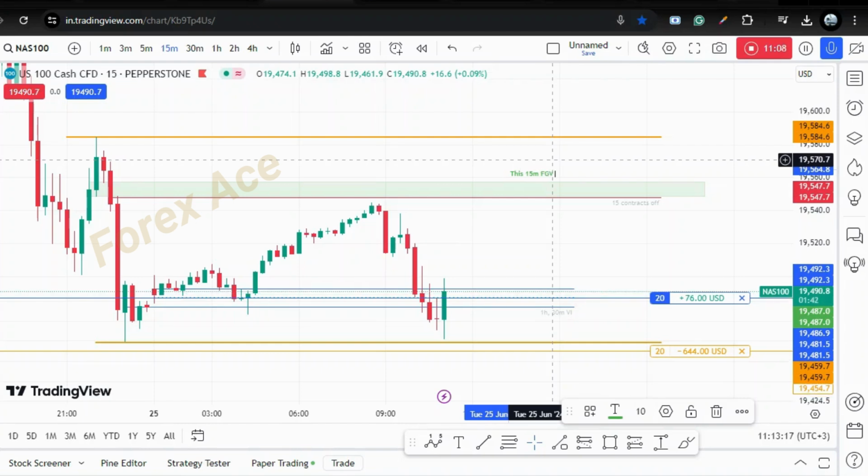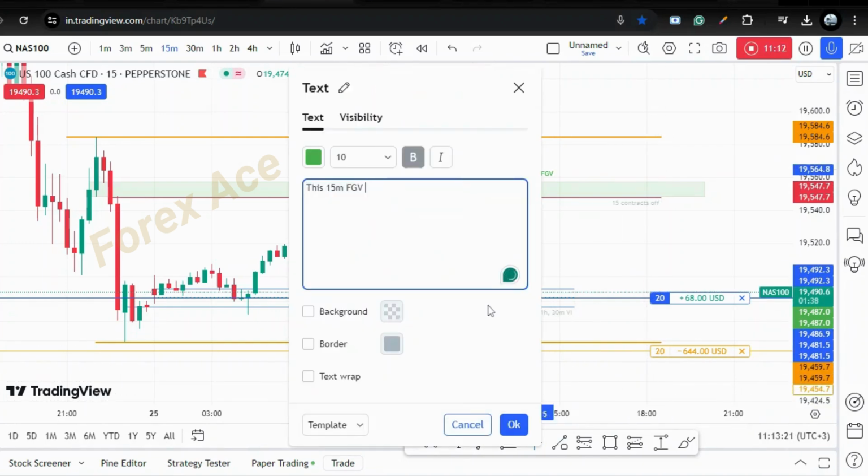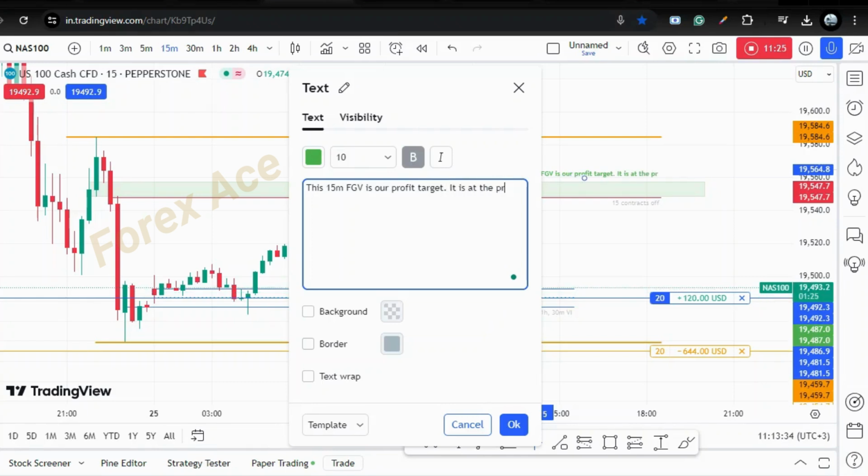This 15 minutes fair value gap is our profit target. It is at the premium of our range.